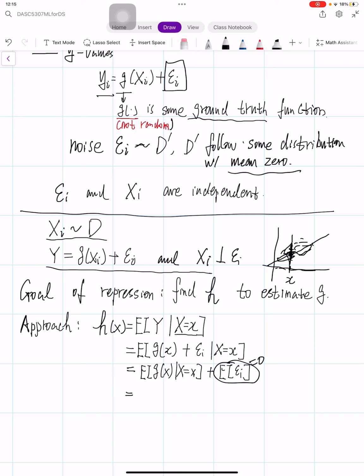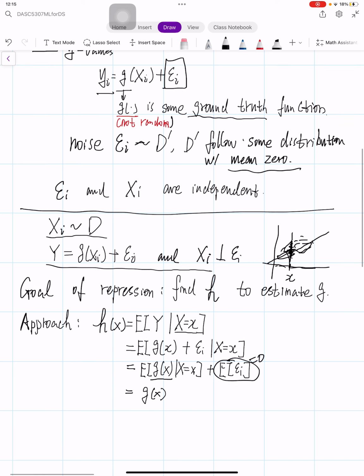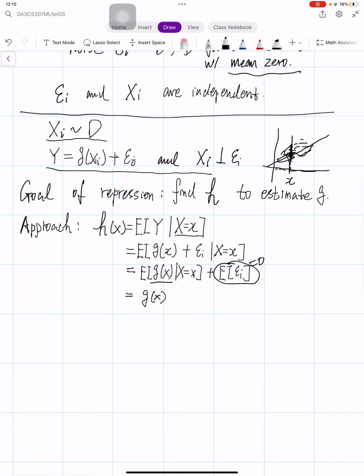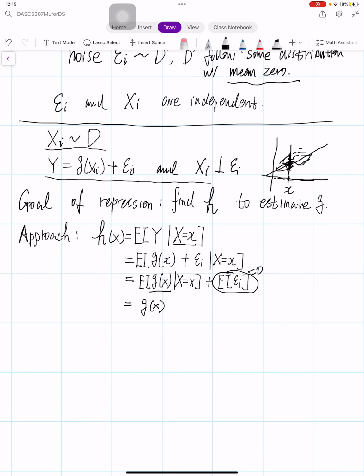And also g(x) is not random anymore, because we are given x. So this is just g(x). Okay? So if this is the assumption, then the conditional expectation will give us a good function h that can approximate this g.